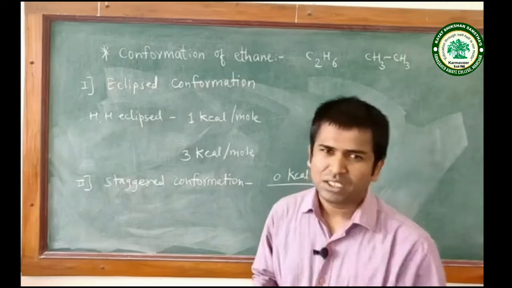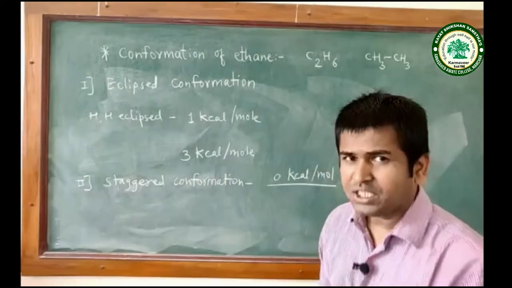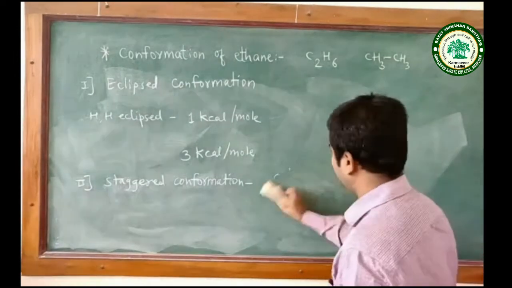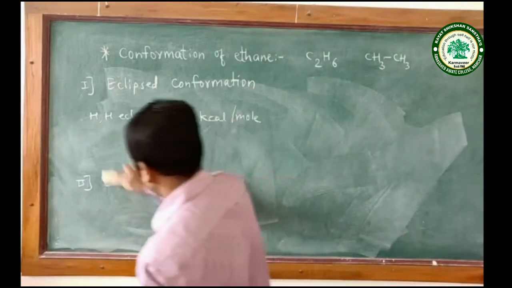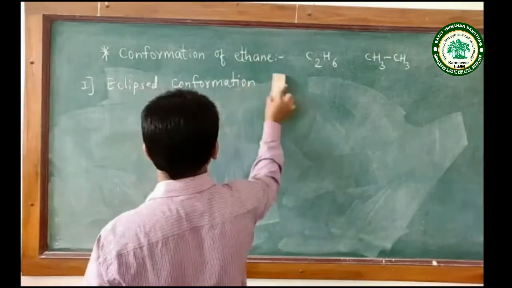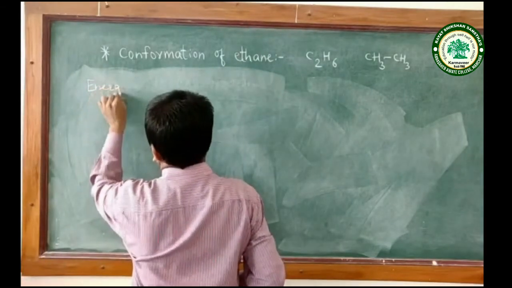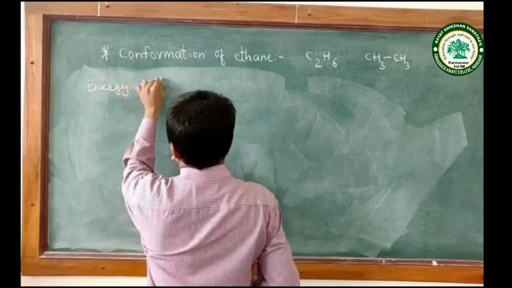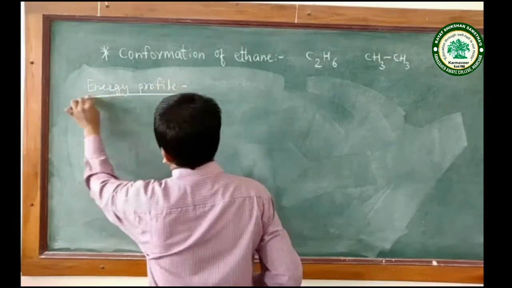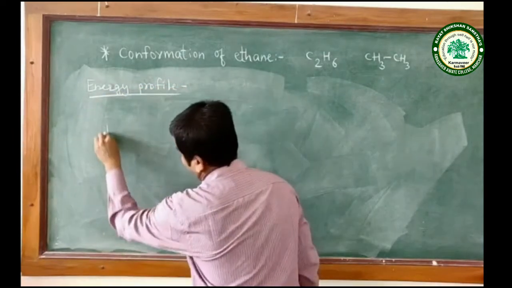Okay. Now we can see the energy profile diagram of eclipse and staggered conformation. So let's start.